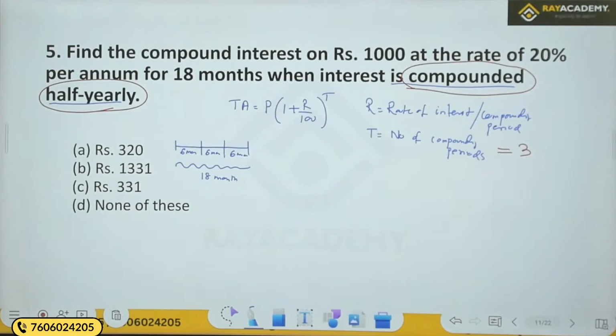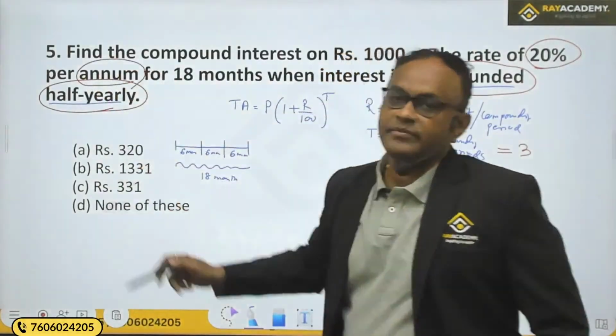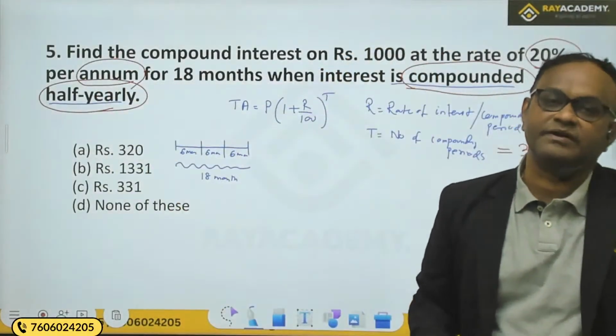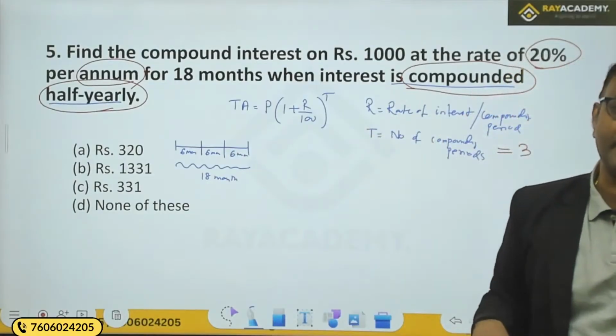Now what happens to the rate of interest? The rate of interest is 20% per annum. Because compounding period they have given is half yearly.